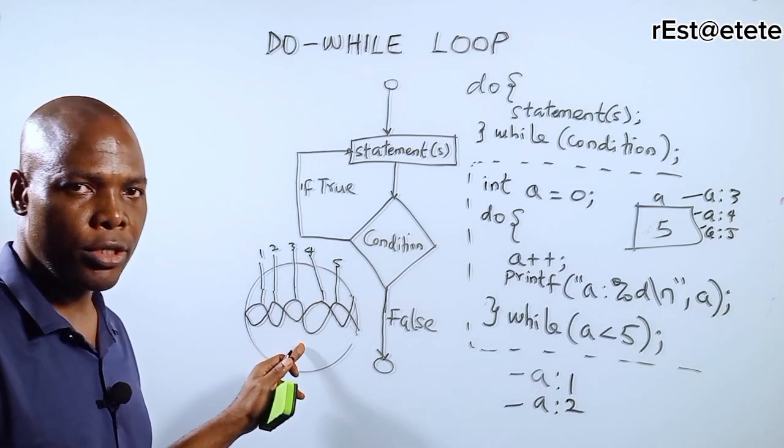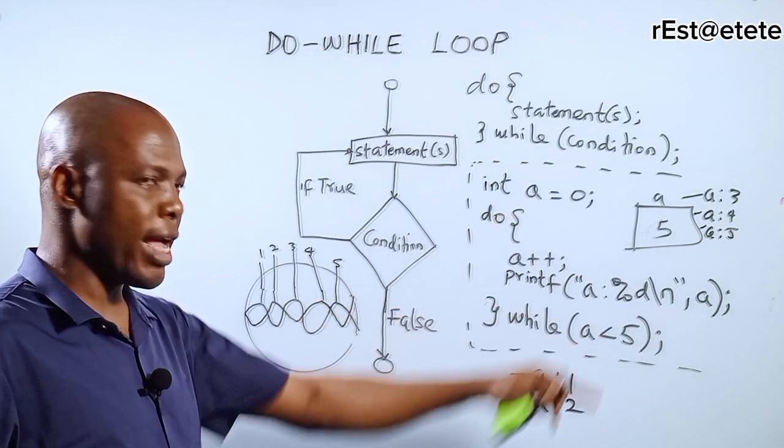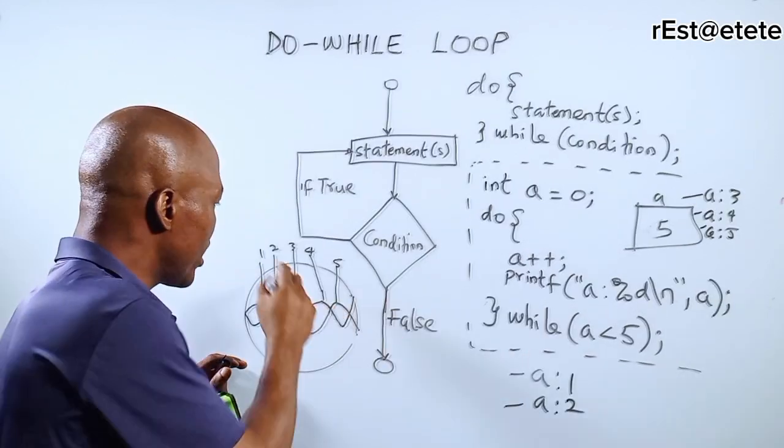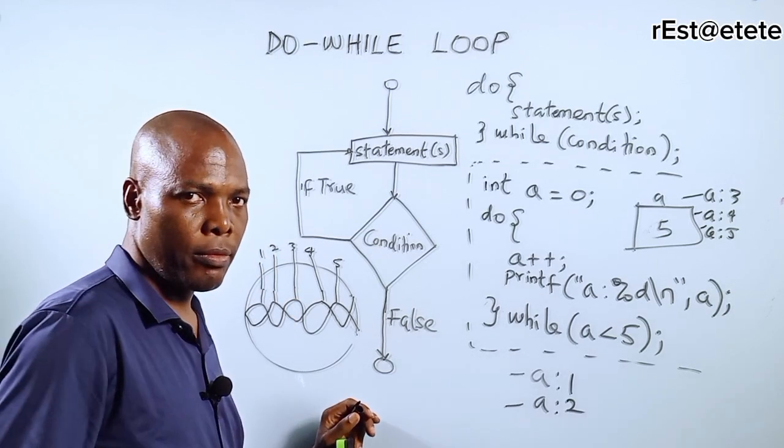So those are the iterations that you have inside that one singular loop. But a do-while loop will always execute this one first.